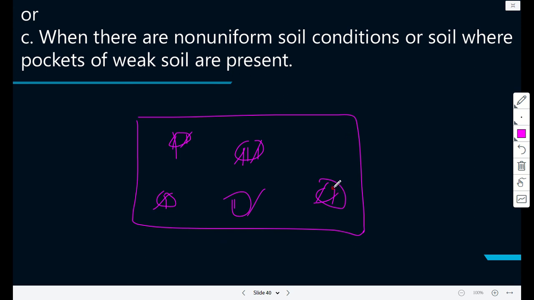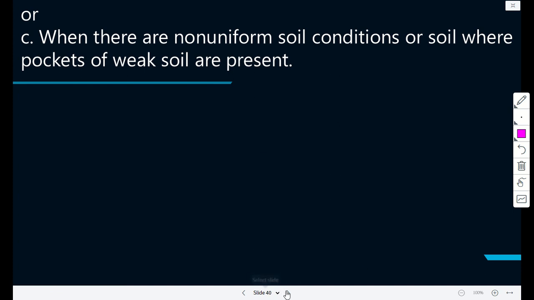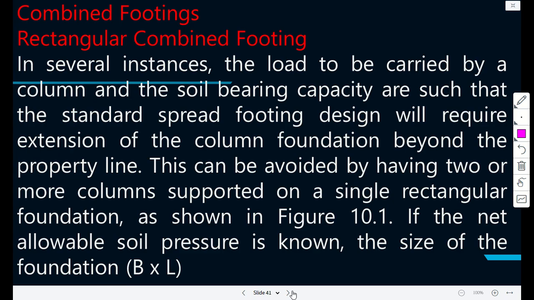So it helps preserve the pockets of weak soil. That's the beauty of the pad. But it requires a lot of space, and sometimes if you don't have that space, you have to think otherwise. For the present case, we need to talk about the pad foundation.